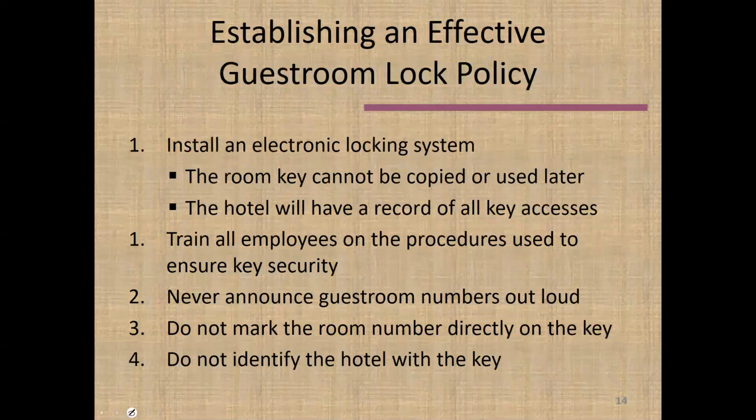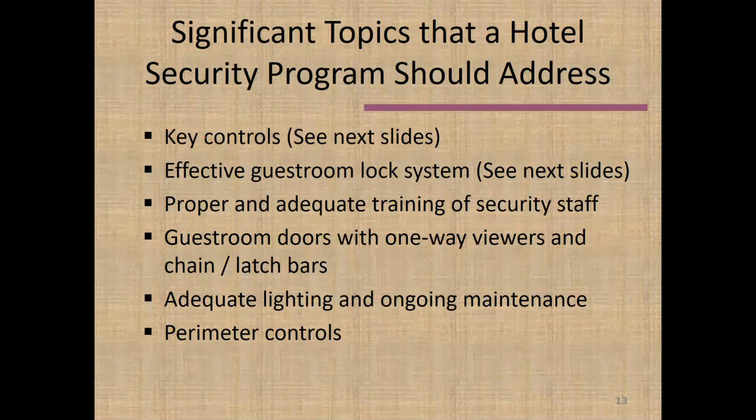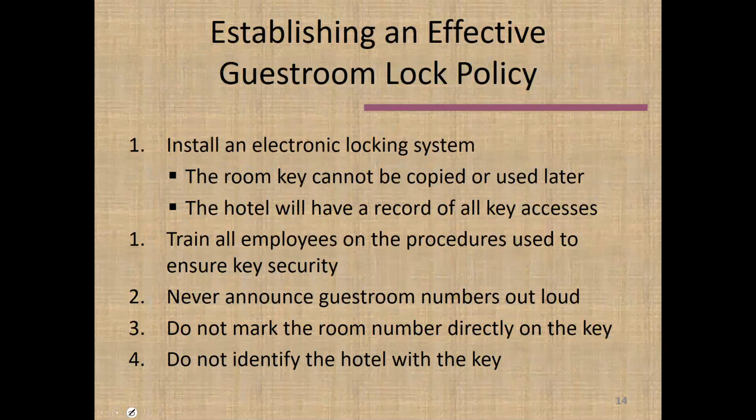So we're going to talk a little bit more about these first 2 topics, how to handle key issues. And of course, this is going to vary depending upon your particular business, but these are some things to consider as you develop these programs.